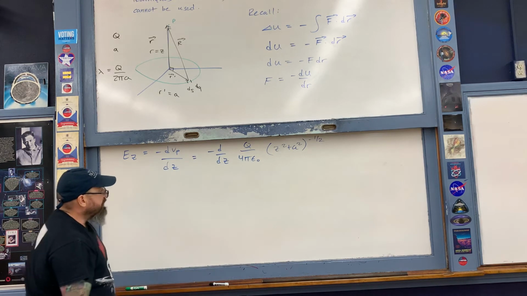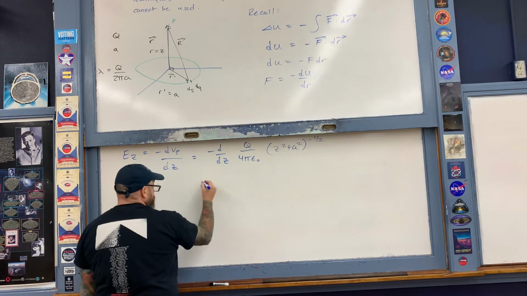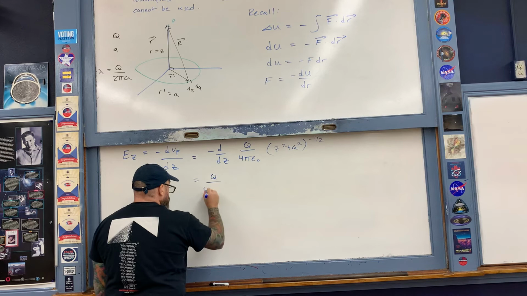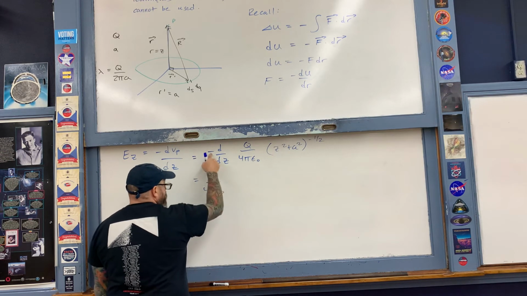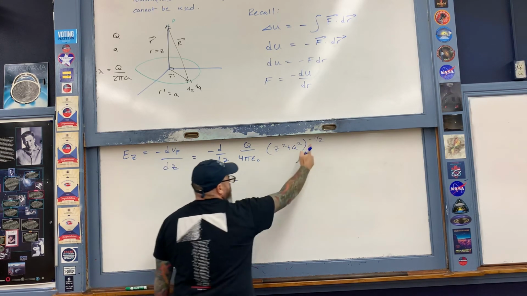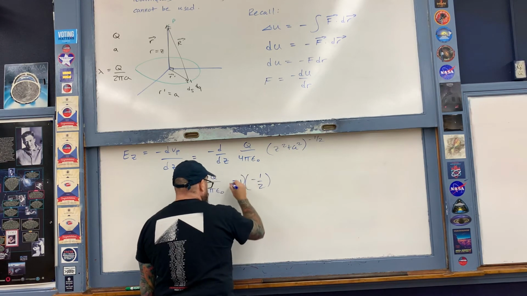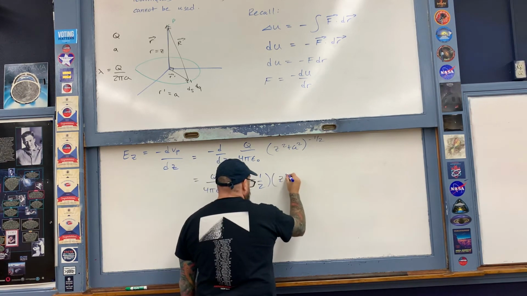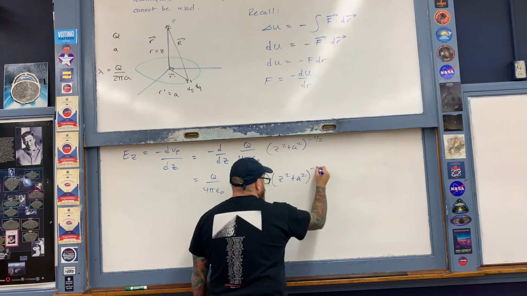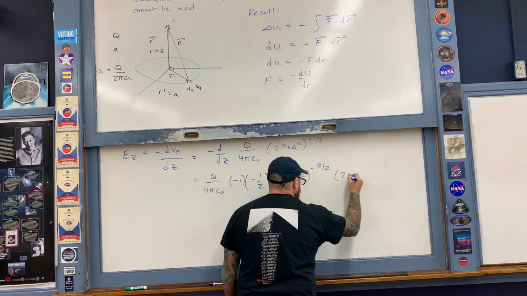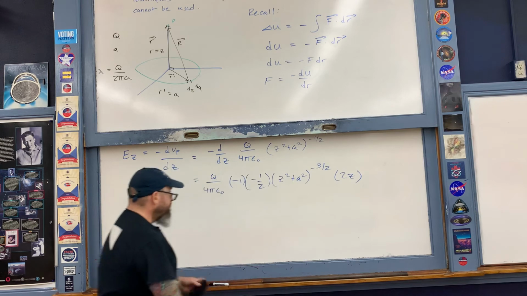Okay, let's go ahead and calculate the derivatives. Let's pull the constants out in front. So then we have negative sign. Okay, and then negative 1/2 out in front, like so. Z squared plus A squared to now the negative 3/2 power. Take the derivative of what's inside, like so.